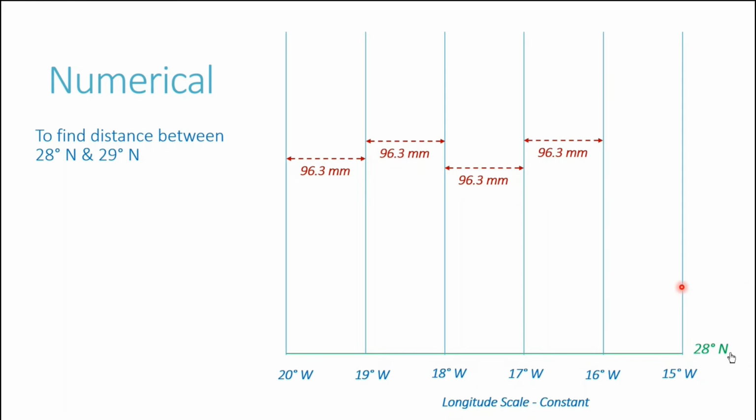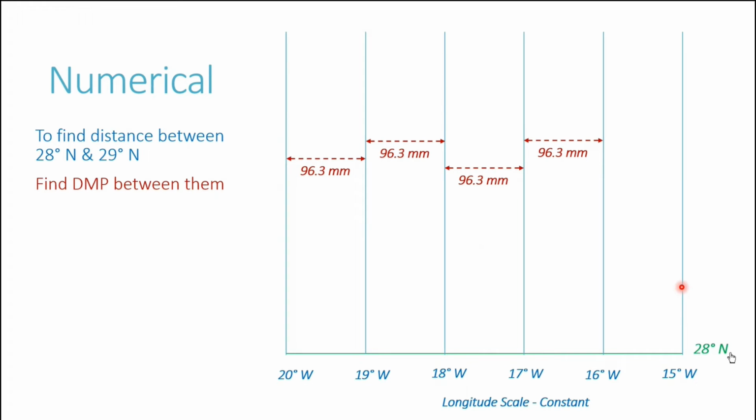We have a relationship. The difference of meridional parts, or in short DMP, between two parallels of latitude is the number of times 1 minute of longitude can be placed between the two parallels. We had seen the definition of meridional parts.